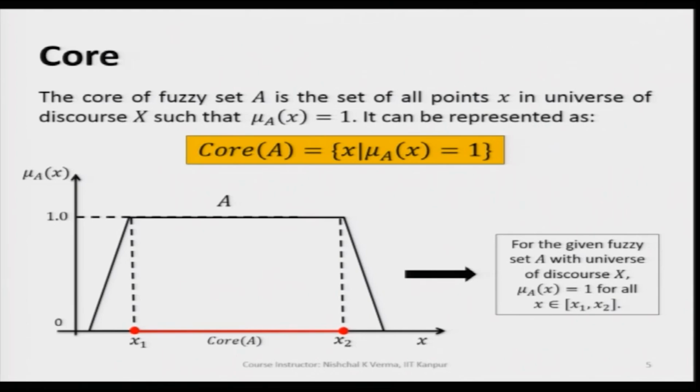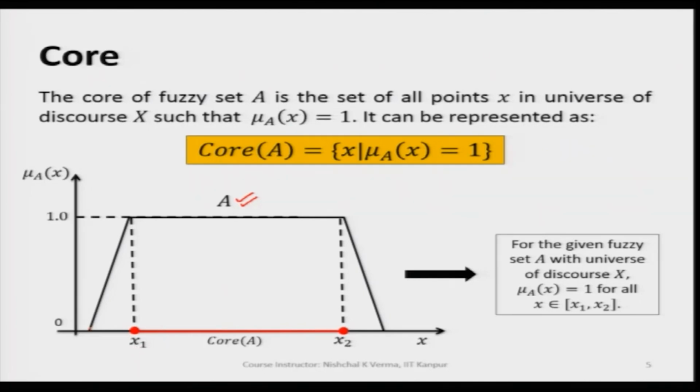We can very clearly understand the core of a fuzzy set like this. If we take a fuzzy set A and would like to find its core, we take the set of all the points for which the corresponding membership values are 1.